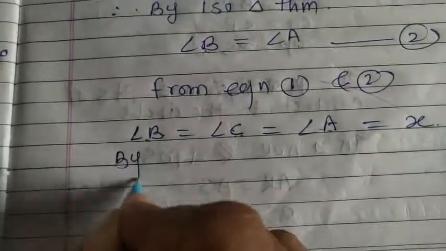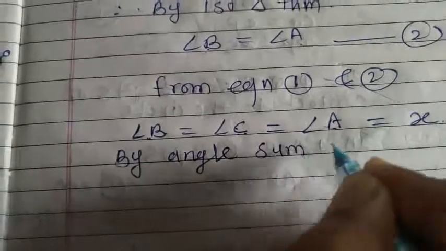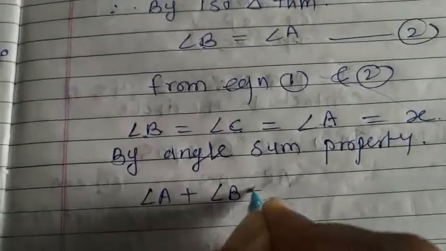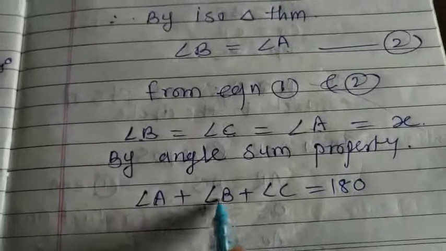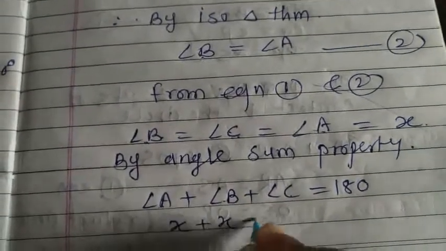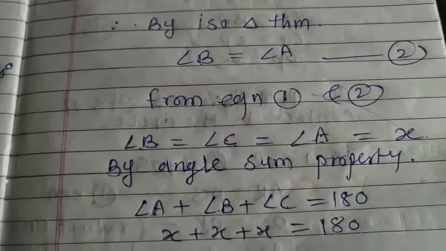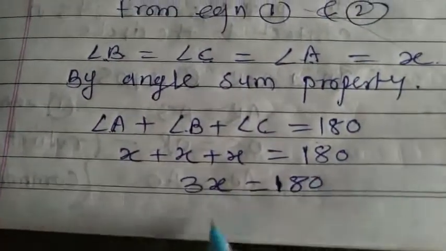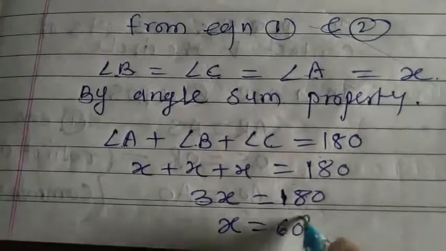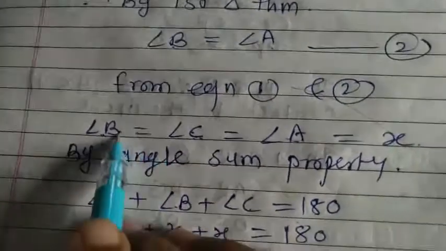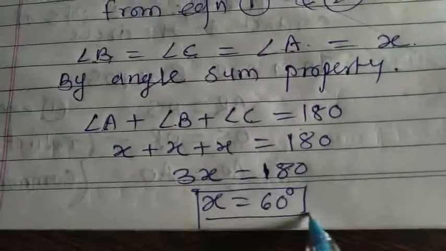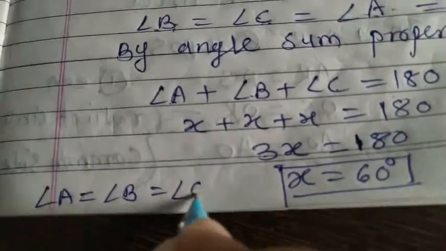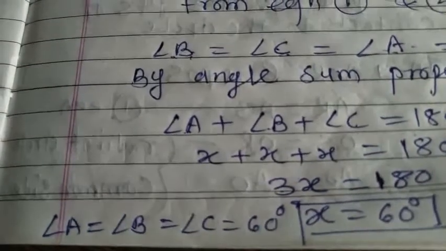By angle sum property, angle A plus angle B plus angle C is equals to 180 degrees. The measure of all these three angles is x, means x plus x plus x is equals to 180. 3x is equals to 180, and x is equals to 180 divided by 3, it is 60 degrees. Means the measure of each angle, angle A, angle B, angle C: angle A is equals to angle B is equals to angle C is equals to 60 degrees. All the angles are equal in measure.